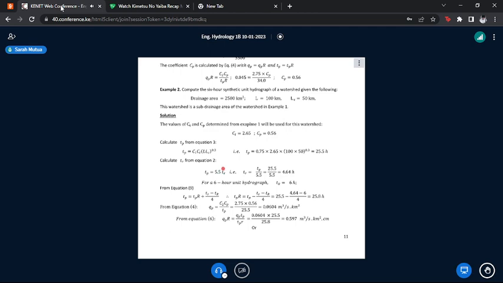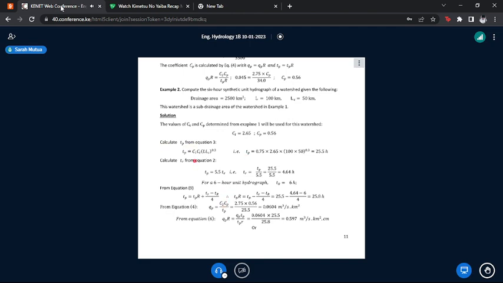We are told the watershed is a sub-drainage area of the watershed in the previous example, where we were able to calculate CT and CP. So how do we go about it?